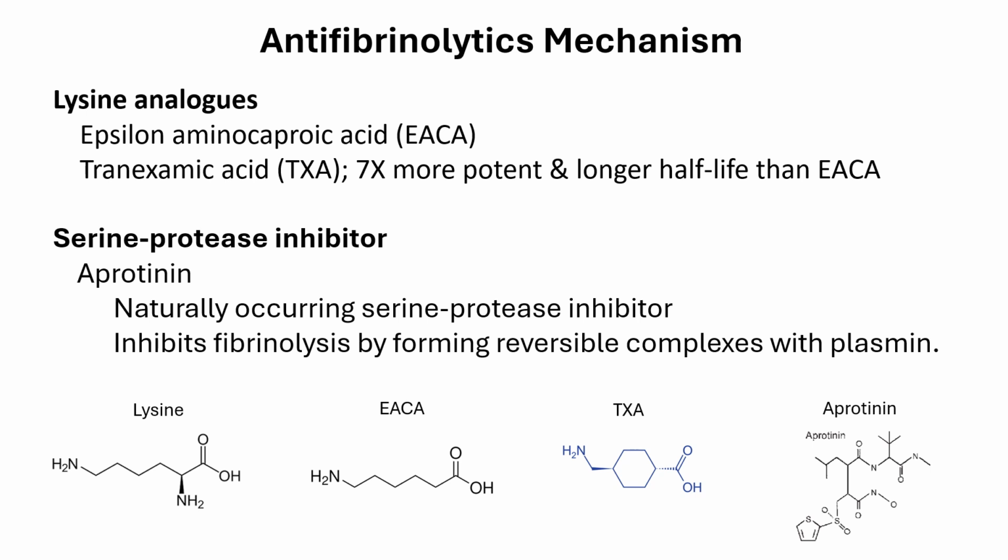The chemical structure of lysine and aminocaproic acid and tranexamic acid is very similar, and that's why they act as a lysine analog and very specifically inhibit fibrinolysis. Tranexamic acid is about 7 times more potent and has a longer half-life than Amicar.